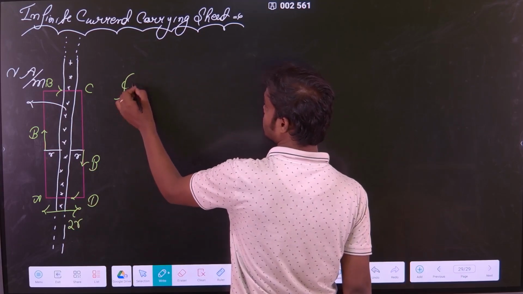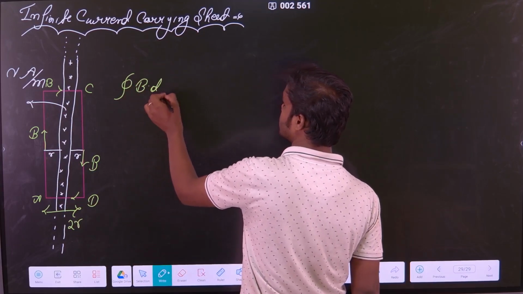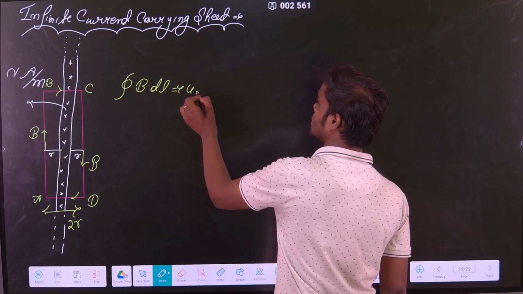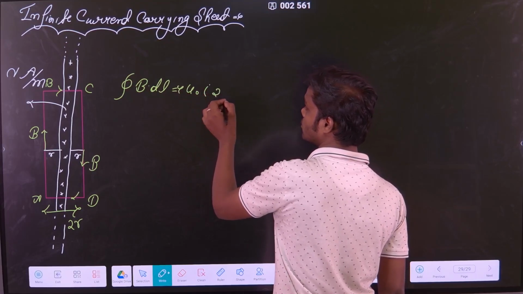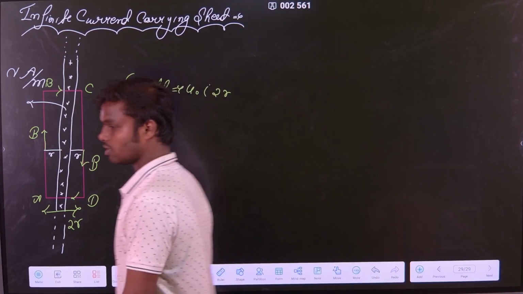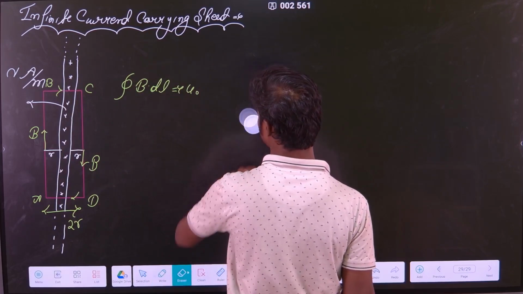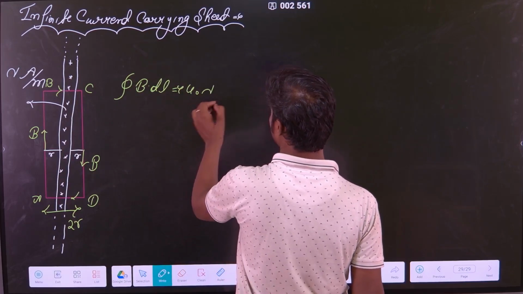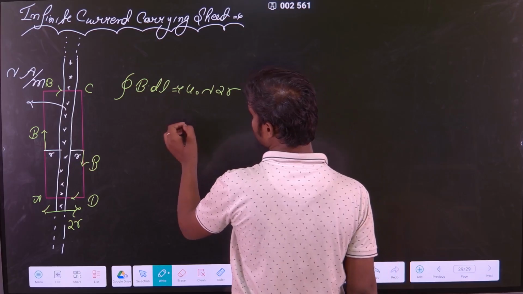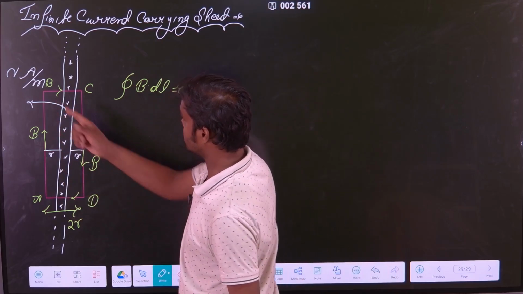Okay. So this is the case, and the direction you can take like this, no issue. And we will write again closed integration B dot dl is equal to mu naught into I enclosed, that is lambda into 2r. Sorry, my mistake, not I into 2r, lambda into 2r. Now what is B dot dl? You will break it for A to B first.